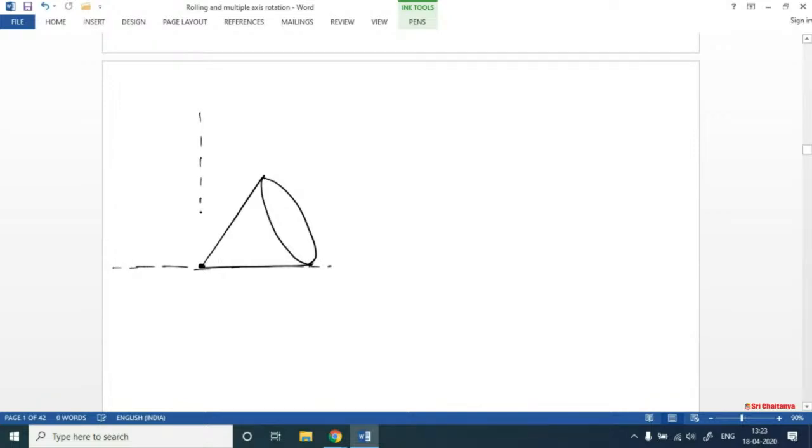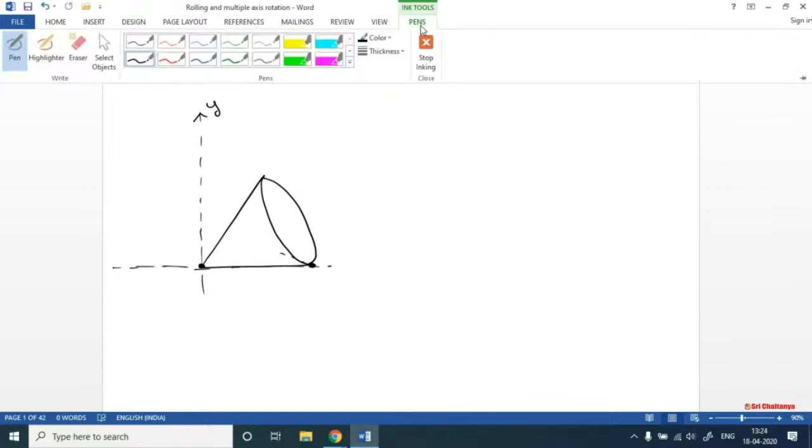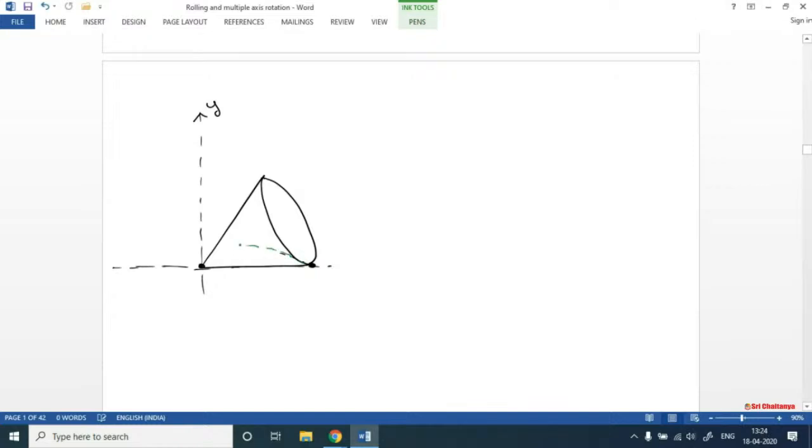Let's say this here is the y-axis. This is rolling, so this point will always be in contact with the ground. Let me draw the circle it would be drawing on the ground.